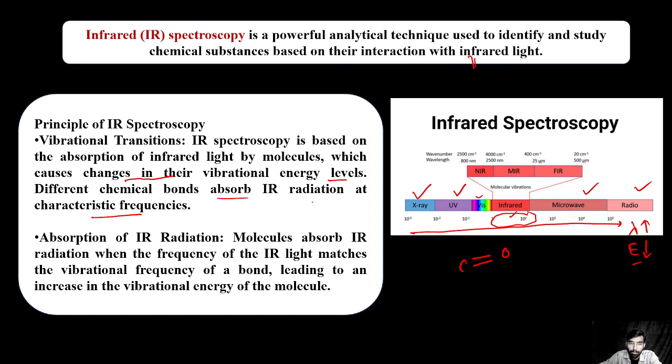So, absorption of IR radiation: a molecule absorbs IR radiation when the frequency of IR light matches the vibrational frequency of a bond, leading to an increase in vibrational energy of the molecule. That's what I was saying. If the IR you are applying exactly matches the vibrational frequency of a bond, then that will increase the vibrational energy of the molecule.